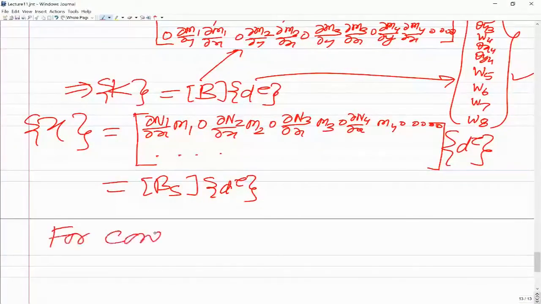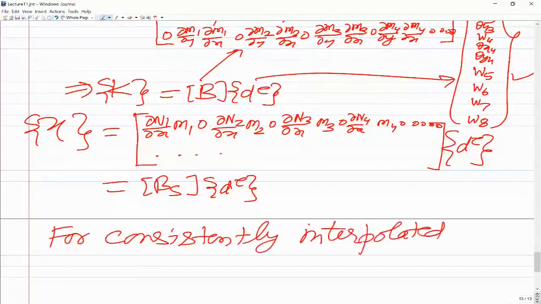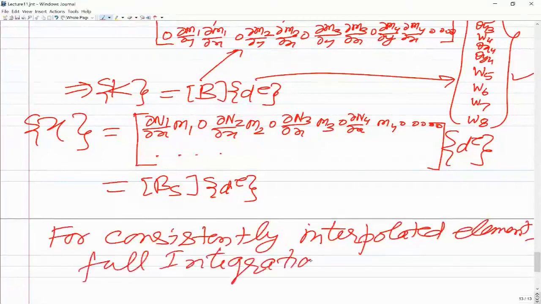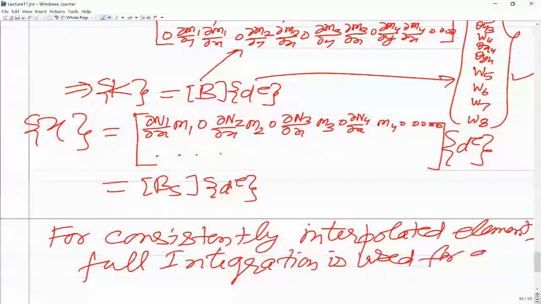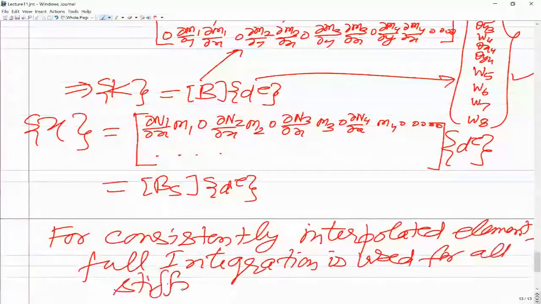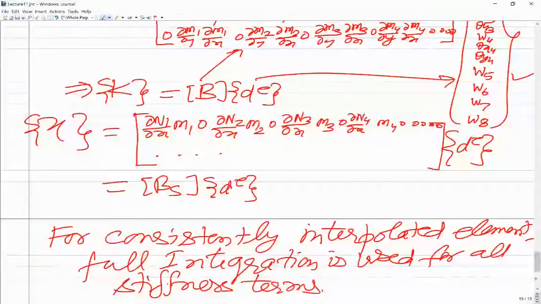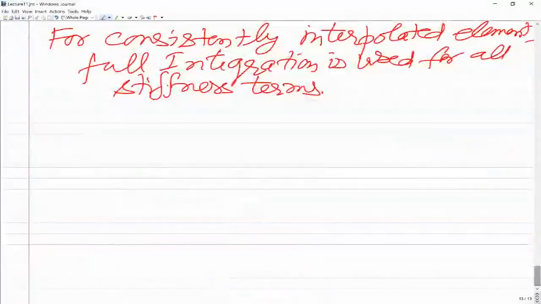For a consistently interpolated element, full integration is used for all stiffness terms, that is bending as well as transverse shear, and the advantage is it does not create any problem. So this element predicts accurate results for both thick as well as thin problems.